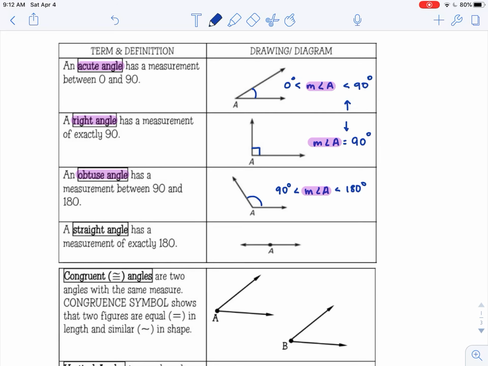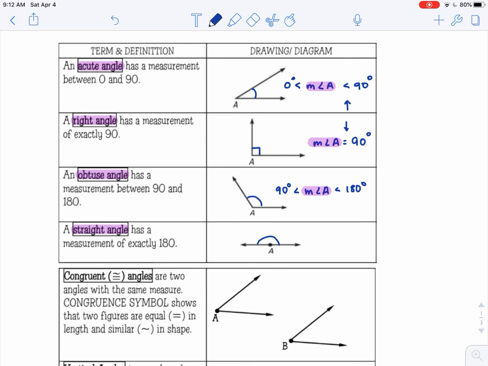Notice, the acute angle is the smaller one, the right angle is right in the middle, and obtuse is the bigger one. Now, the last type of angle we're going to look at is a straight angle.